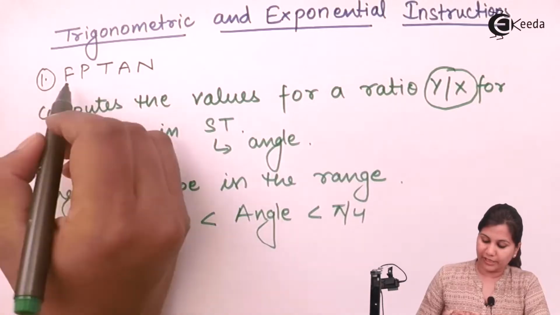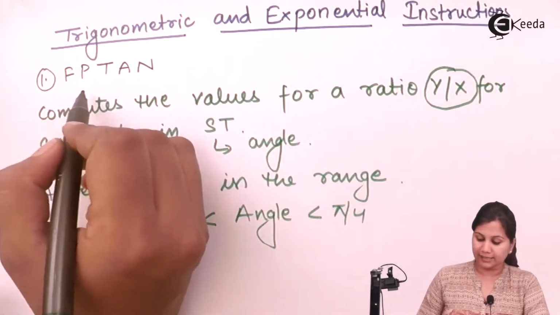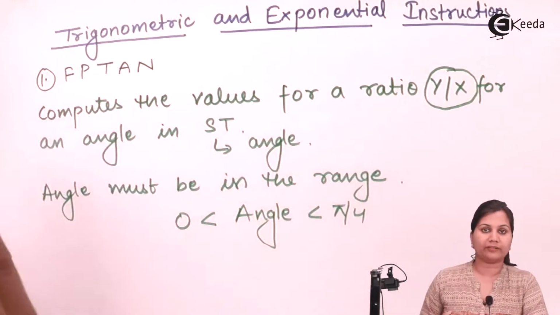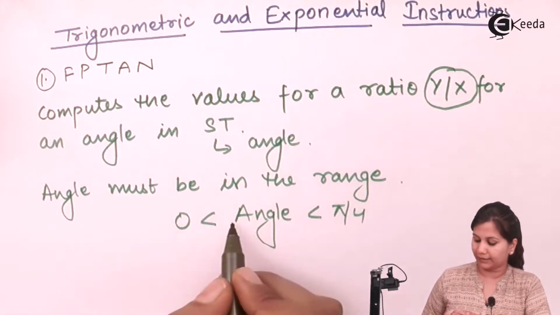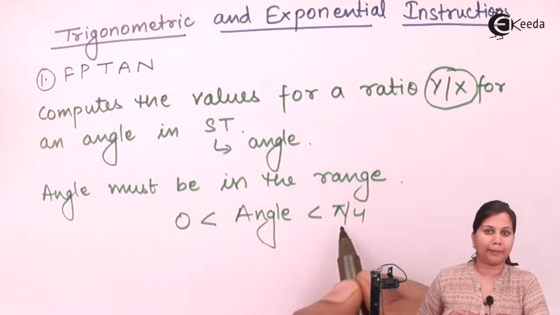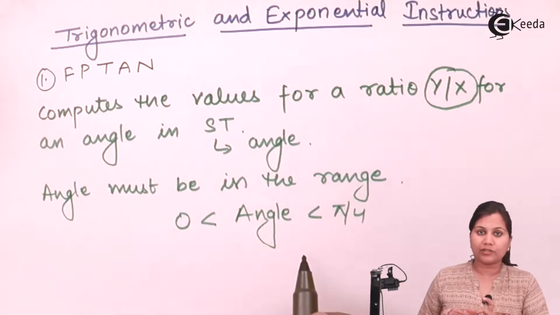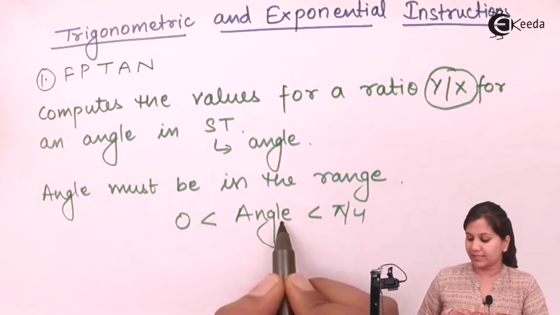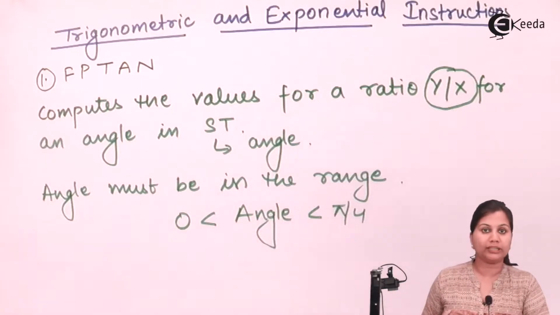Now this instruction FPTAN is not going to give correct values for the angle 0 and for the angle pi by 4. That is why the range for the angle is given as greater than 0 and less than pi by 4, not equal to.